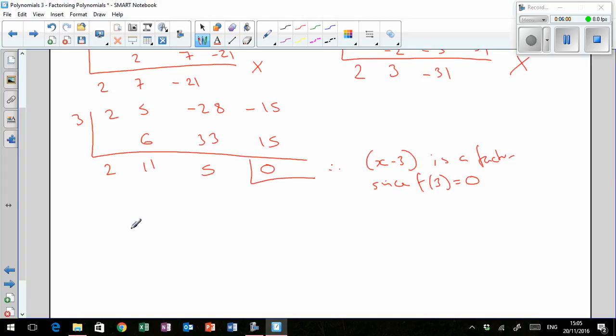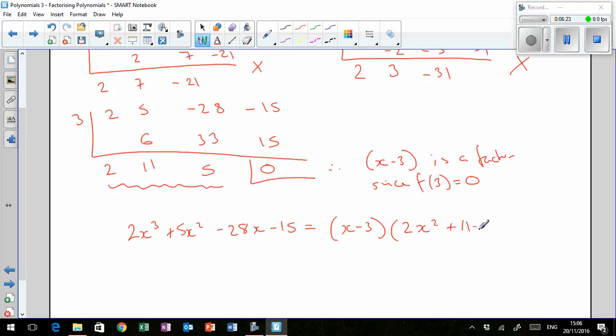We're dealing with 2x cubed plus 5x squared minus 28x minus 15. We know the divisor is x minus 3, and your quotient, which comes from here, is 2x squared, because we started with a cube so now we're at a squared, plus 11x plus 5.